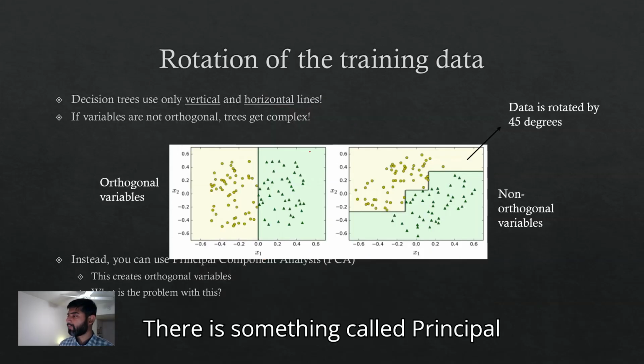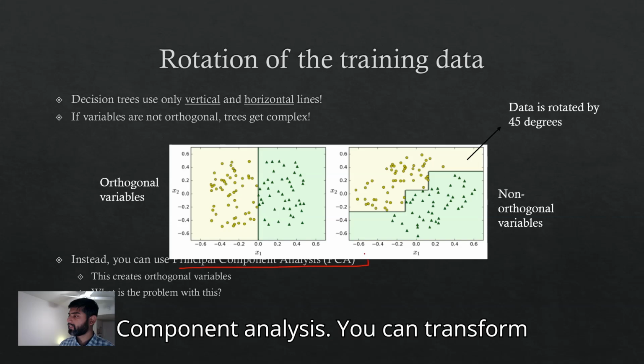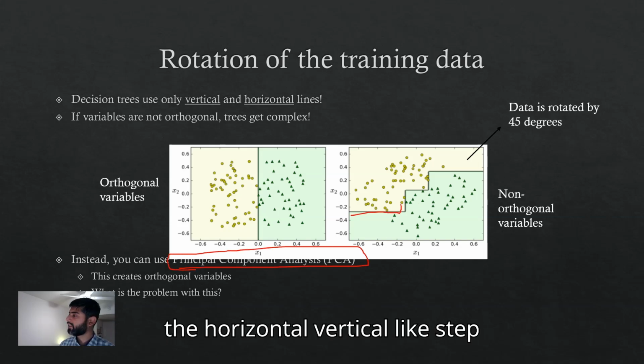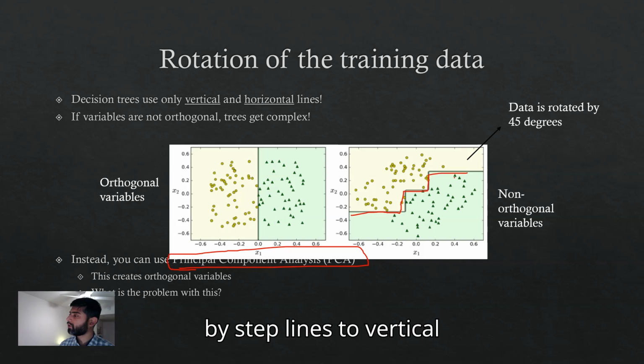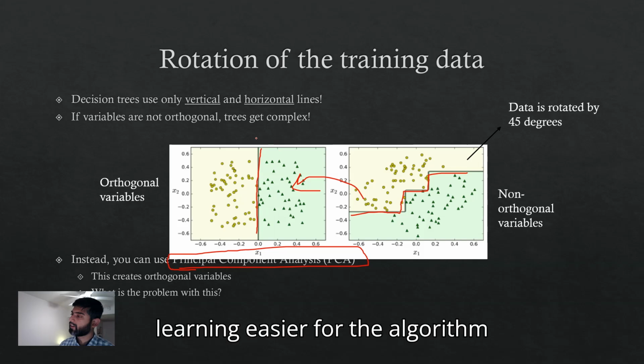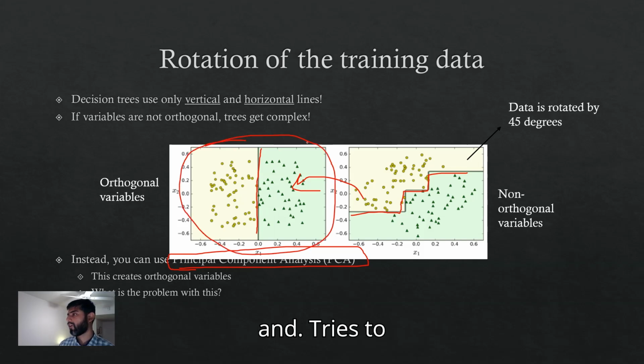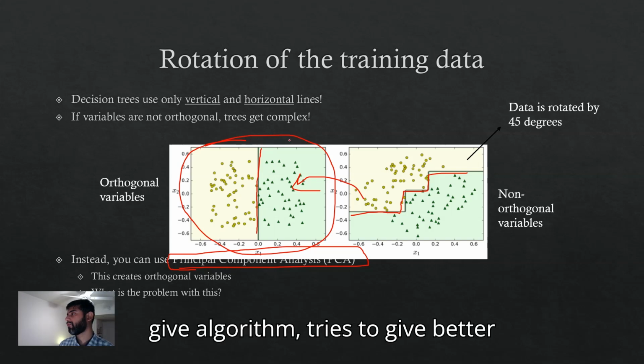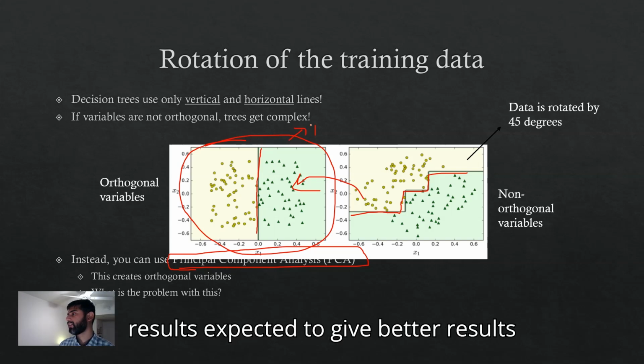There is something called principal component analysis. You can transform the horizontal, vertical, step-by-step lines to vertical lines, and it makes the learning easier for the algorithm, which is expected to give better results using this approach.